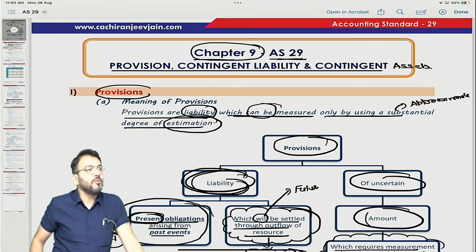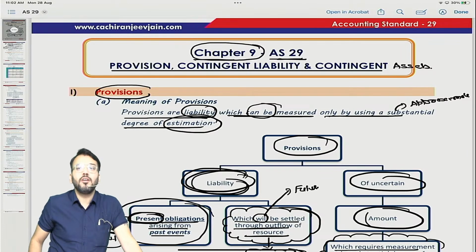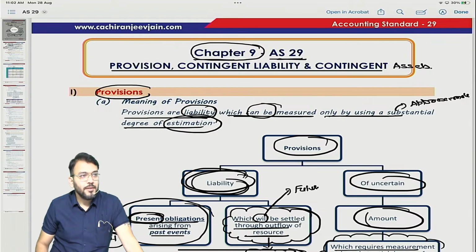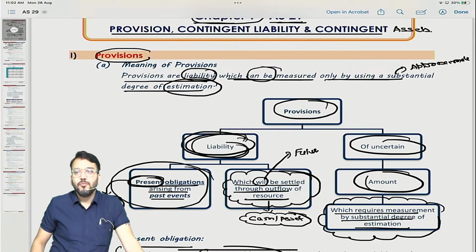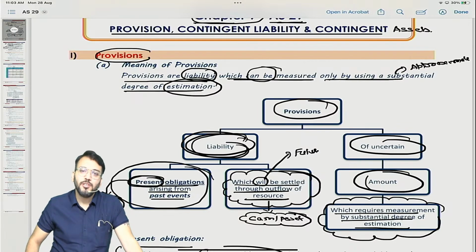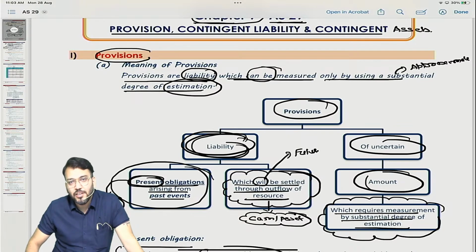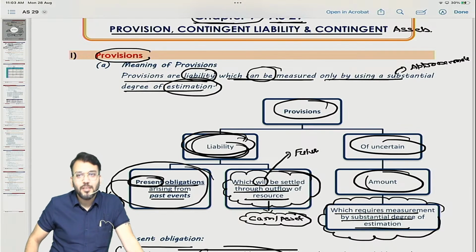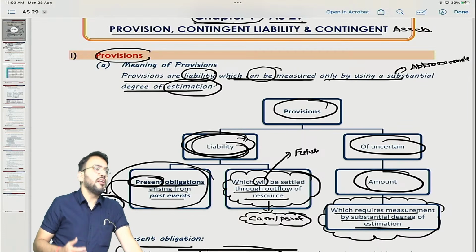Then we move to AS 29. We started discussing about provision, contingent liability and contingent asset. Till now we have done discussion only about provision. So provisions are liability which can be measured by a substantial degree of estimation. This is the meaning of provision. So we have understood that provisions are liability of an uncertain amount.